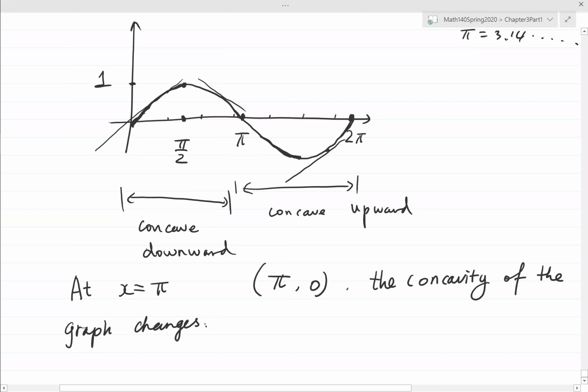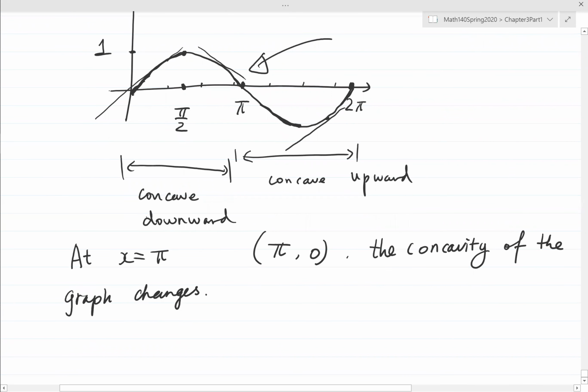Left side of this point (pi, 0) is concave downward, okay? Right side of this point is concave upward, okay? Then in this situation, we call it an inflection point. So (pi, 0) is an inflection point.